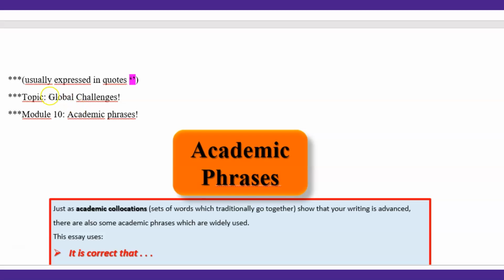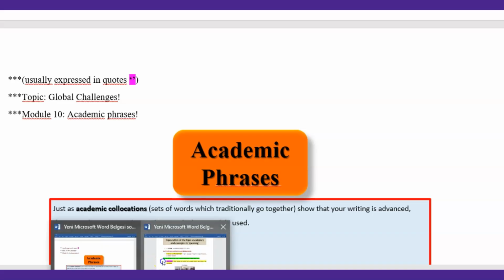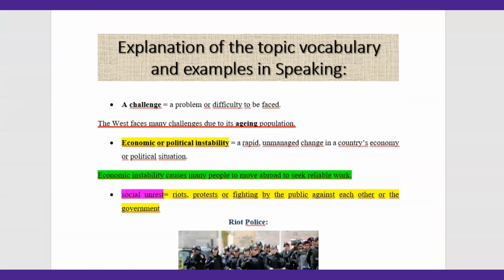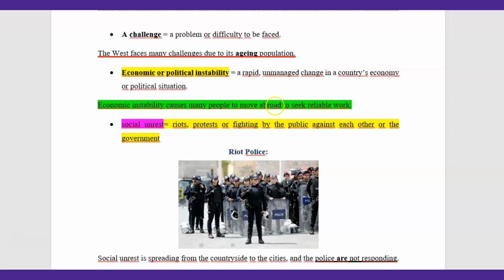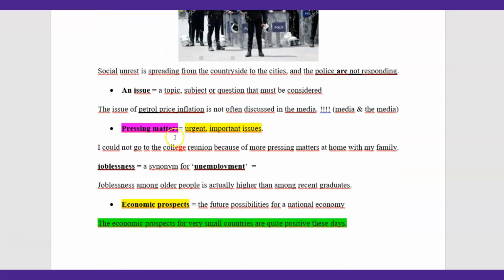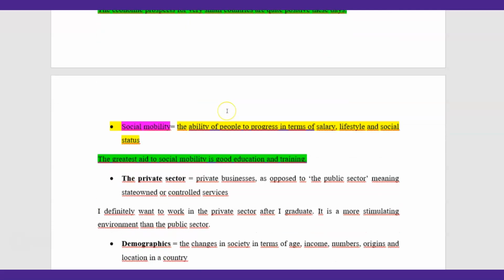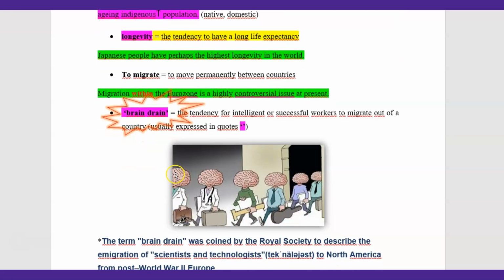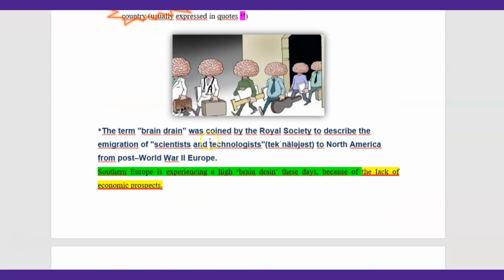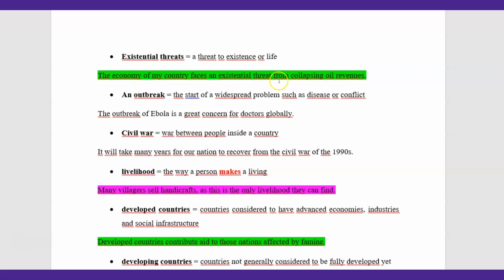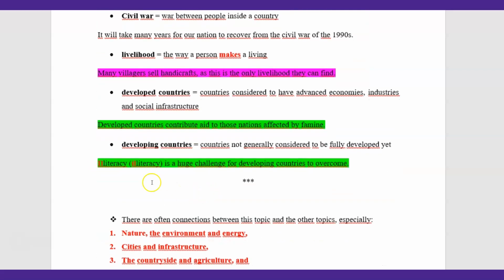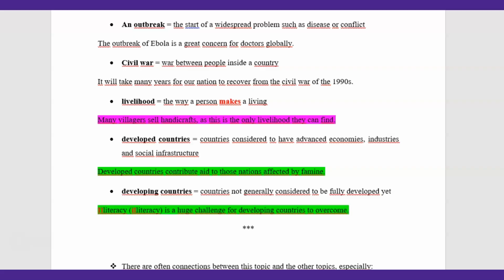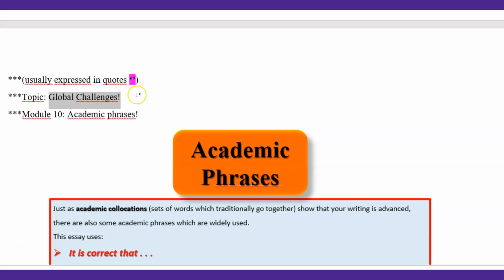You have to be familiar. Don't forget that you have to be familiar with the topic of global challenges. Vocabularies such as political instability, social unrest, pressing matter, economic prospect, the private sector, demographics, longevity, the phenomenon of brain drain, an outbreak, civil war, and etc. Please take a look at our previous videos regarding the issue of global challenges.